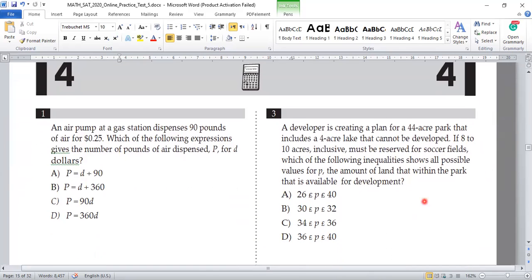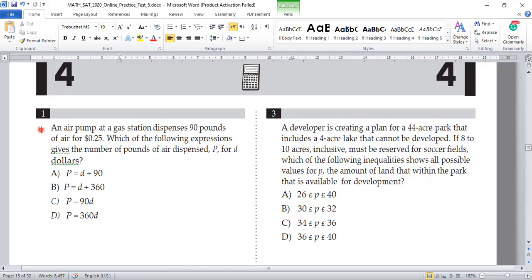Please read it if you can. An air pump at a gas station dispenses 90 pounds of air for 25 cents. Which of the following expressions gives the number of dollars, D, for the number of pounds of air dispensed, P?